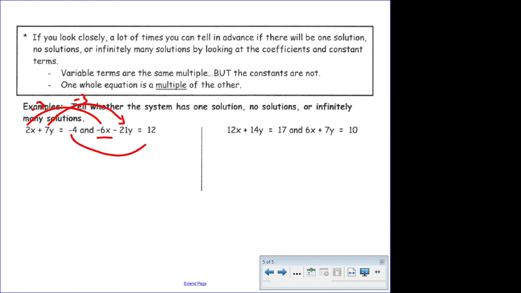And negative 4 times negative 3? Do you see how this equation is just the first equation times negative 3? When everything is a multiple of the other, it's the same equation. And what does that mean? If they're the same equation? Infinitely many solutions.